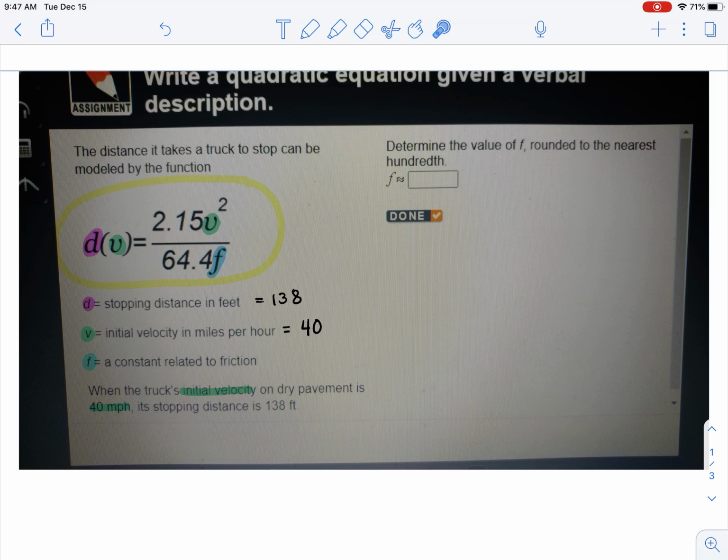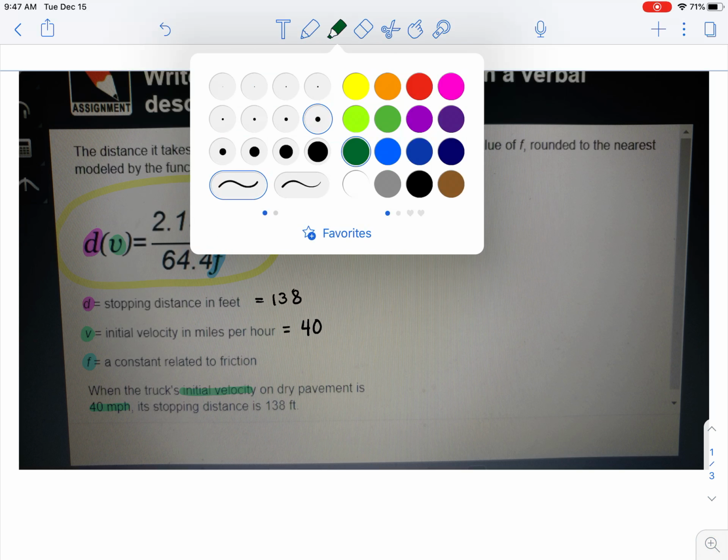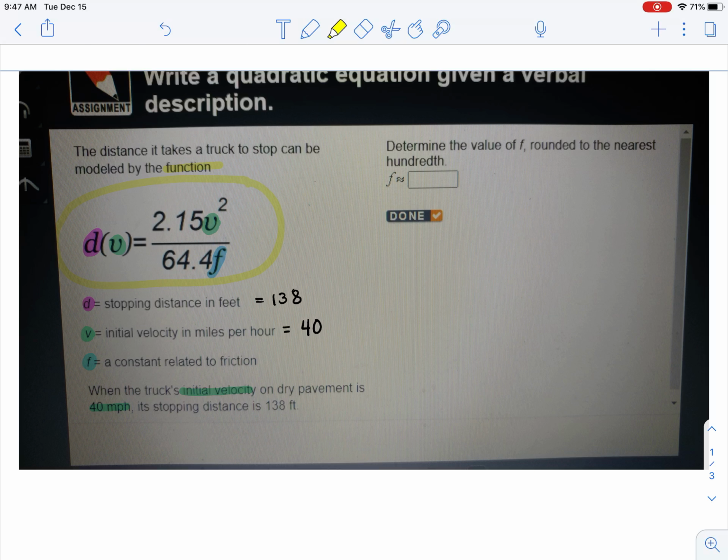So you might think, let's see, when we go back to this equation, you might think this is d times v, but that's not the case. Here we have the word function. It's saying that this is a function d represented by v in the equation. So it's as if it's saying f of x, which is basically the same thing as y, just a fancier way of saying it.